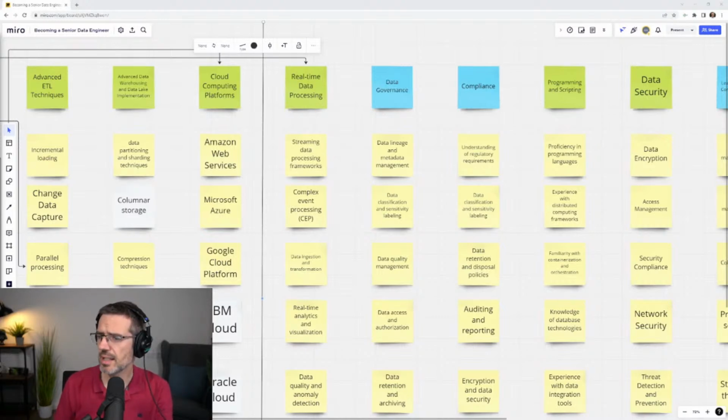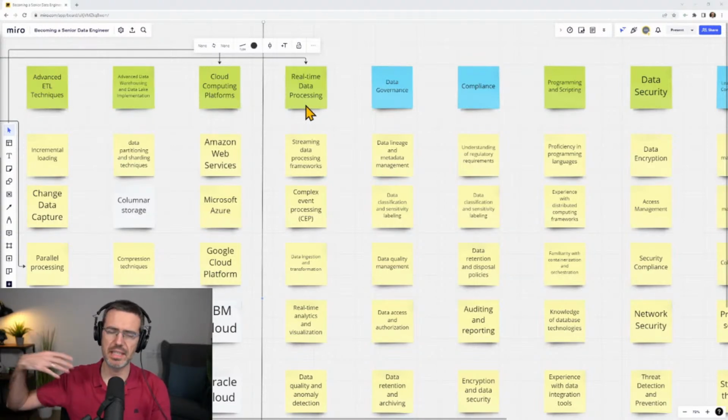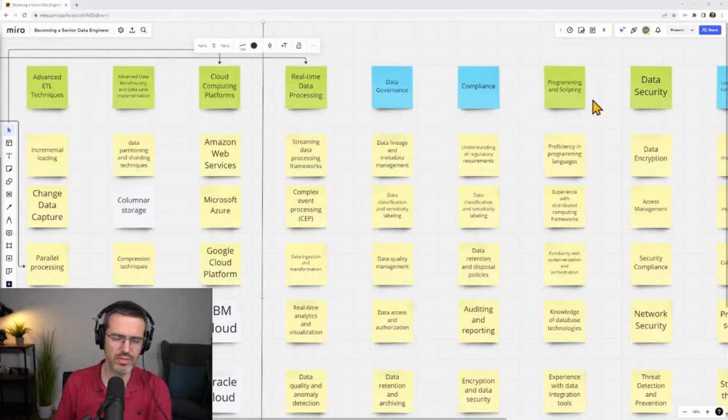Real-time data processing. What's the topic here? A senior data engineer should be proficient in real-time data processing and streaming technologies such as Kafka and Flink. If you're new here, for every one of these I was basically asking ChatGPT what the main topics for senior data engineers are, then it spit out these, and for each of these I asked for a more detailed list.